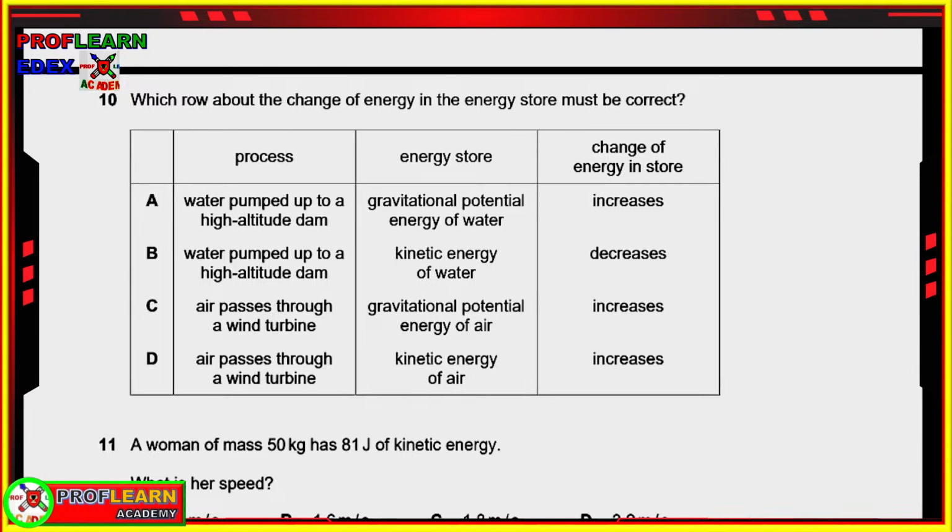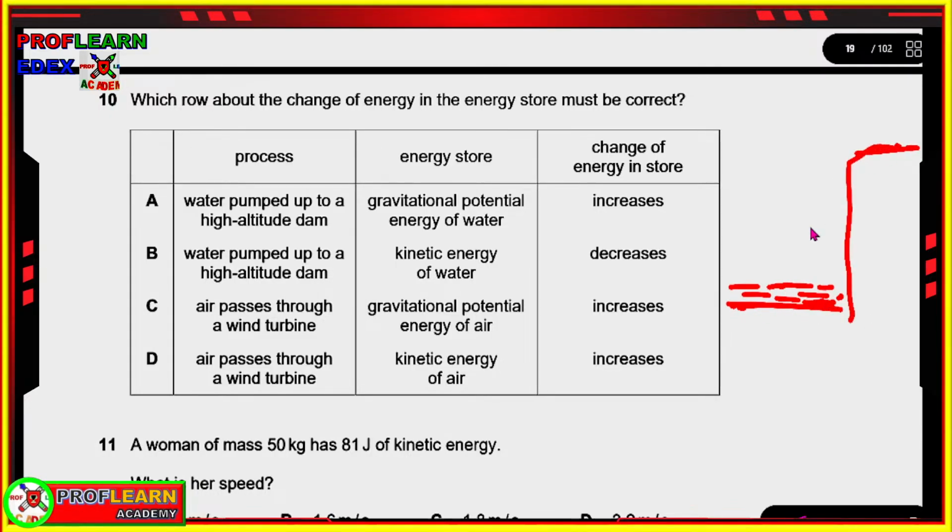Cooked is saying the answer is A, so let's analyze that. Cooked is the only one who has mentioned that. Water pumped up to a high altitude dam, energy store, gravitational energy store of water, it increases. We are moving from a level to water being pumped to a high level, so gravitational potential energy increases. Water pumped into high altitude, kinetic energy store. No, this is not kinetic.